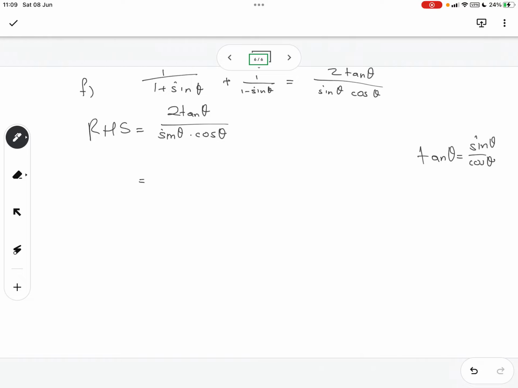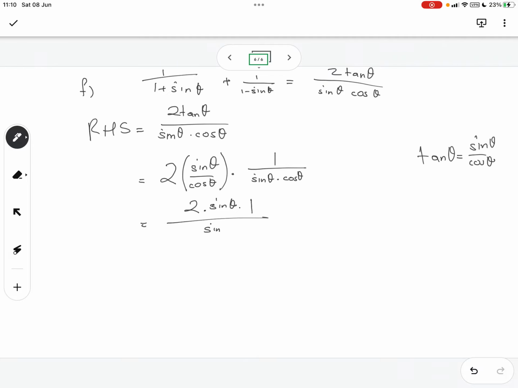So it equals 2 times tan of theta over sine of theta times the cos of theta. We know that tan is a quotient identity, so it's sine theta over cos theta. And we can simply say that this is 2 into sine theta over cos theta multiplied by 1 over sine theta times cos theta.